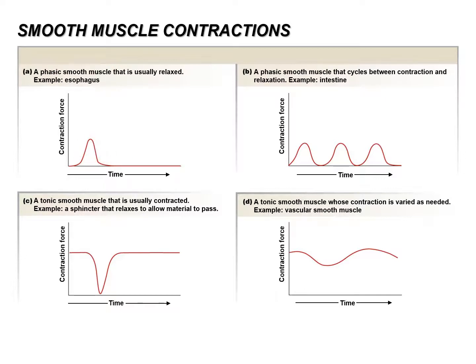The two major examples that we have of phasic smooth muscle are, for instance, esophagus, normally relaxed, and then we swallow and then we get a wave of peristaltic contraction and then relaxation again. Another example is the peristaltic motion in intestines and moving material throughout the digestive tract.